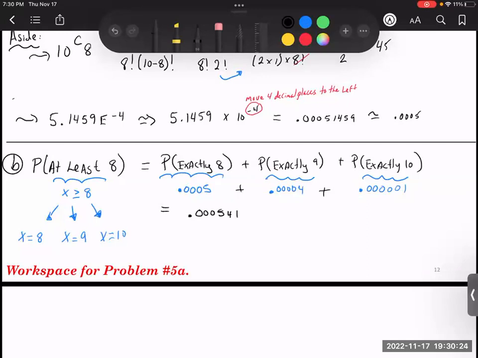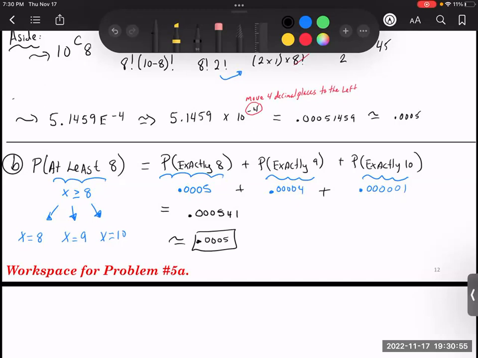So the at least case is still like the exactly case, because if you round this to 4 decimal places, it's still the same thing. Look at these decimal numbers. Is getting exactly 8, exactly 9, or exactly 10 highly likely or unlikely? It's very unlikely. That's why these decimals are small. Okay.